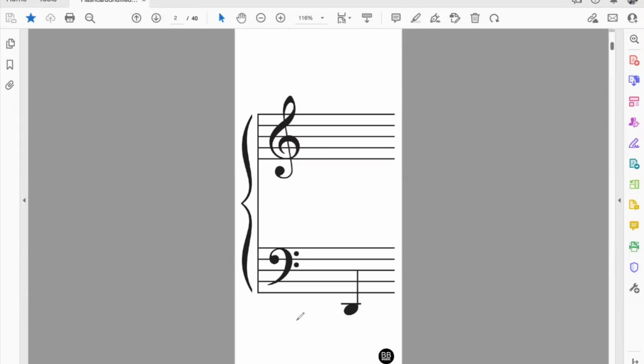Okay, now we're going to do it backwards in skips. A, F, D, B, G, E, C, A, F, D, B, G, E, C, A, F. So when you're bored, that was so hard.